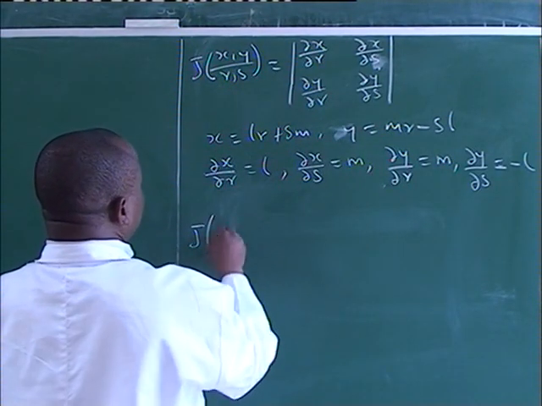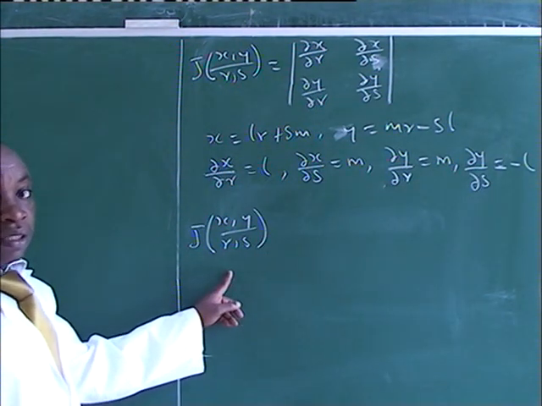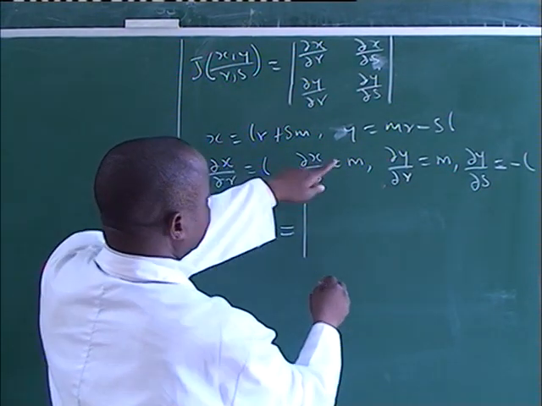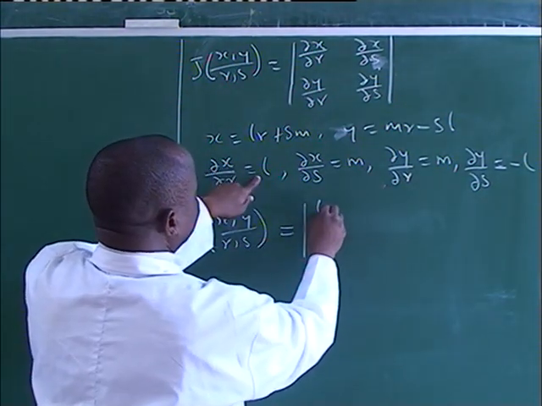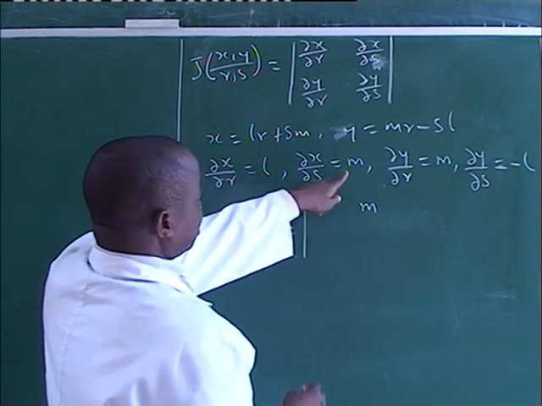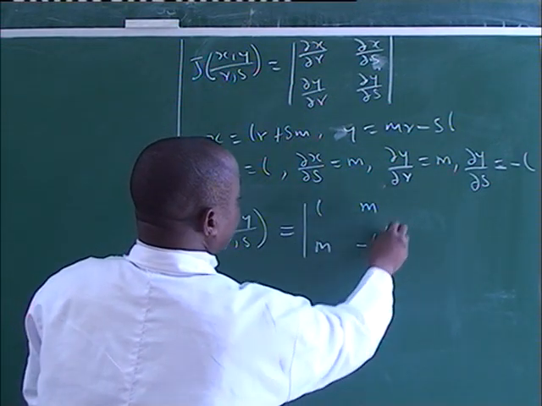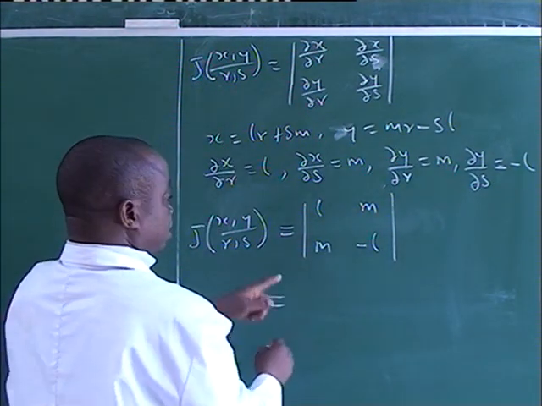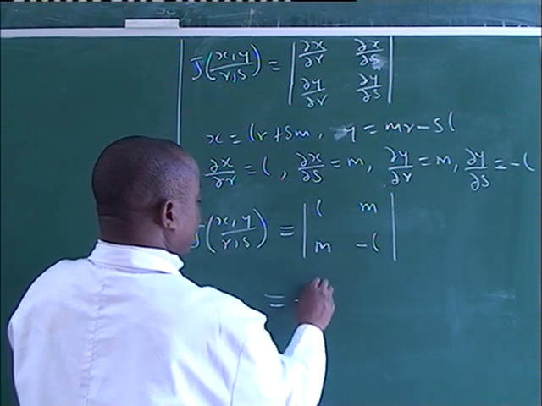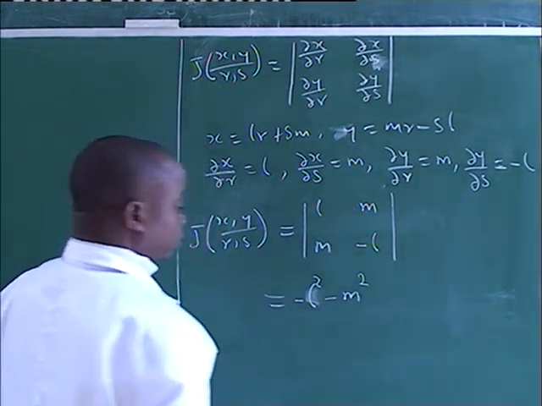Therefore, the Jacobian of x, y with respect to r and s will be equal to the determinant with L, M, then M, minus L. Now if we do this times this, it can give us minus L squared minus M squared.